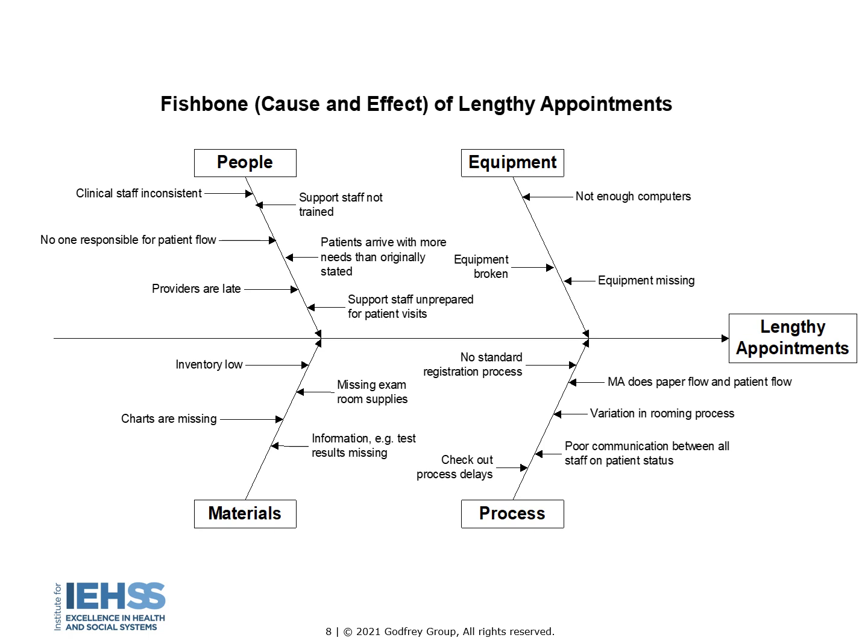The smaller drivers, or causal elements, add to lengthy appointments, and these include inconsistent clinical staff, no one person is responsible for patient flow, providers are late, support staff not trained well, patients arrive with more needs than originally stated, and support staff unprepared for patient visits.